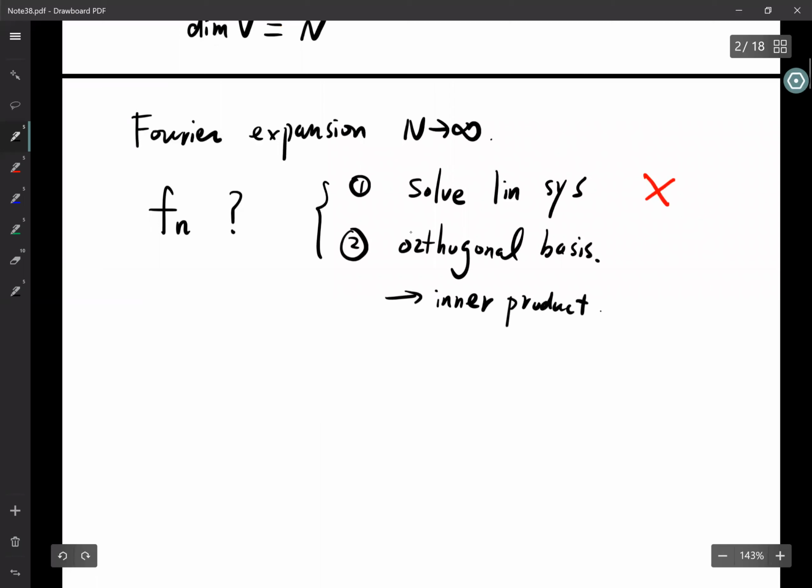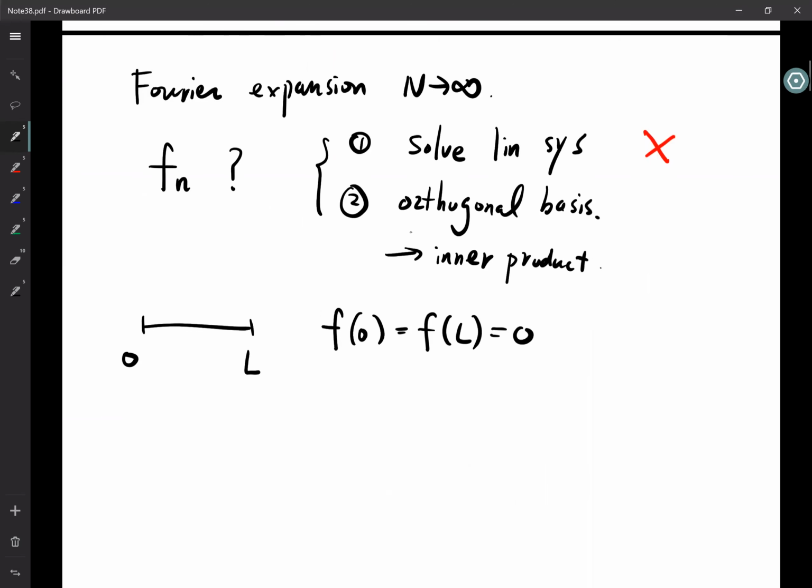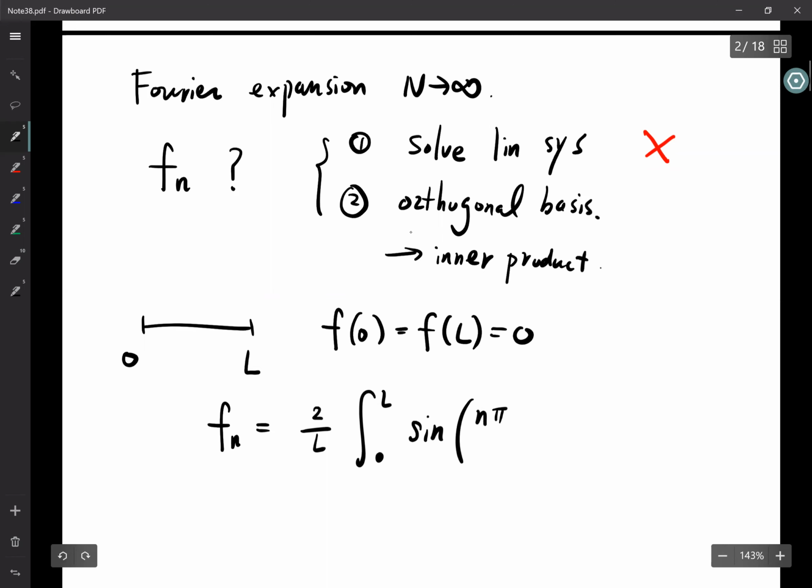In particular, we have learned that if we consider a general interval, without loss of generality 0 to L, and f(x) satisfies f(0) equals f(L) equals 0, then you give me any function that satisfies this, I can expand f using the sine series before, and f_n is 2 over L, integral from 0 to L, sin(n pi x / L) f(x) dx.